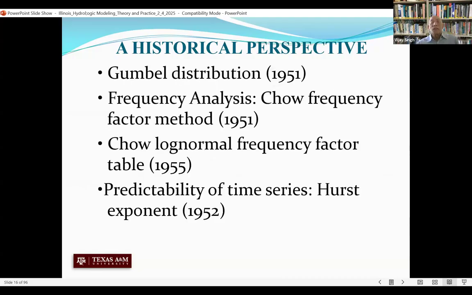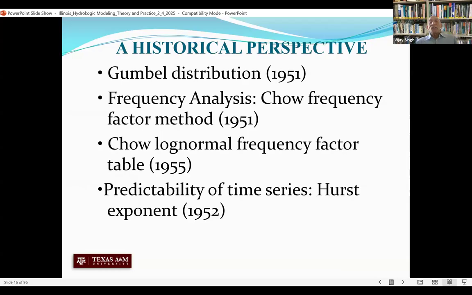Then in the frequency domain, in 1951, Gumbel derived, using the extreme value theory, the extreme value type 1 distribution, which is popularly called the Gumbel distribution. In many countries, the Gumbel distribution is still used.